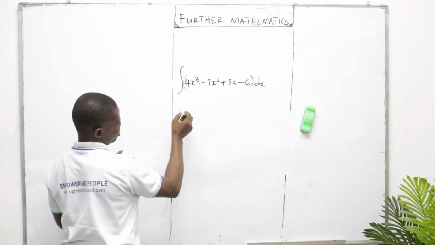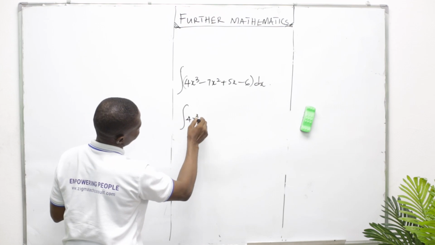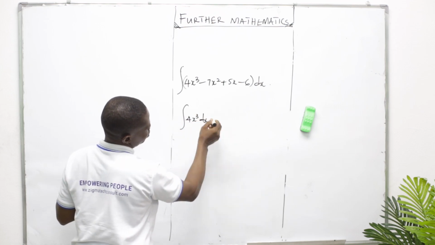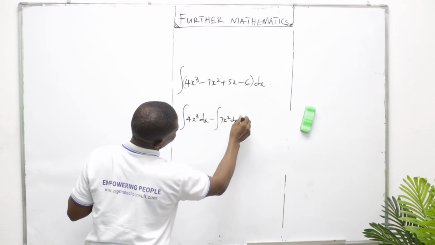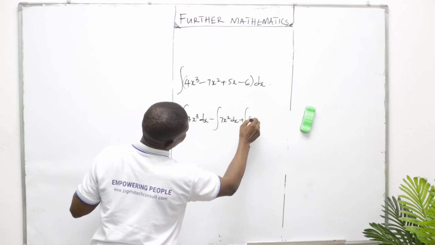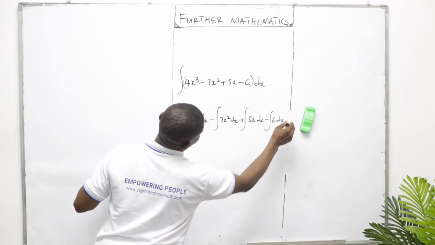It looks complex, but it doesn't really matter anything. Just separate this way: integral of 4s cubed ds, minus integral of 7s squared ds, plus integral of 5s ds, minus integral of 6 ds.